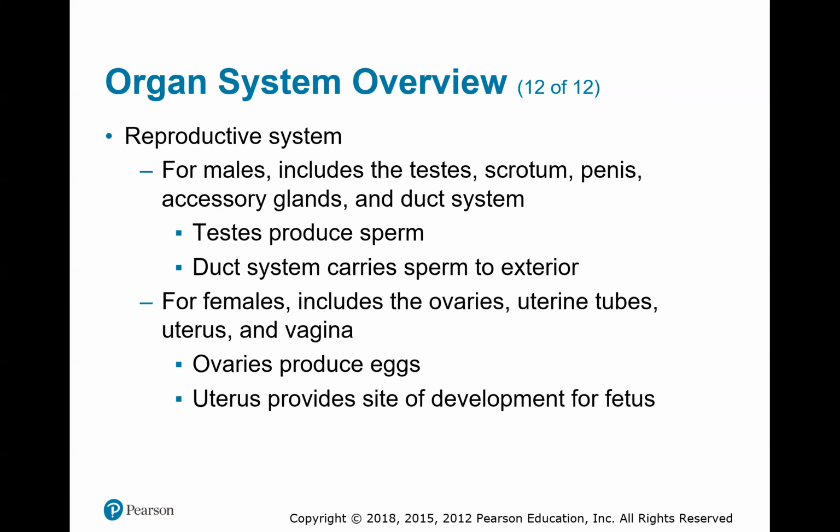For males, the function is to produce sperm. For females, it's to produce eggs. For males, again, they have to be able to move that sperm from the inside world to the outside world. And for the females, their job is to pick up that sperm, fertilize an egg, and then allow for the development of a potential fetus.